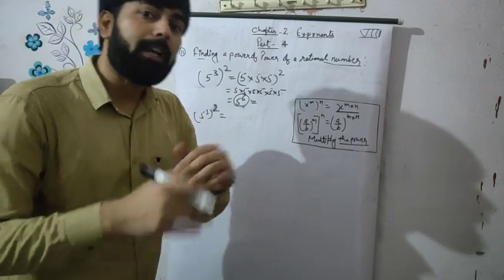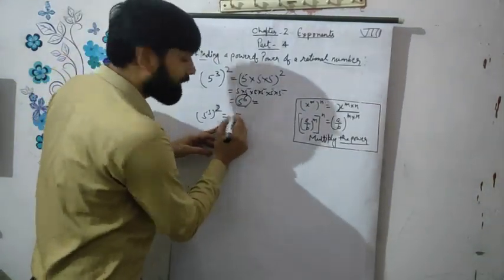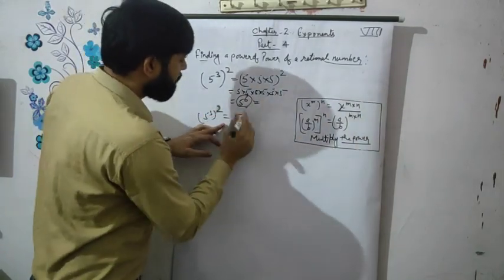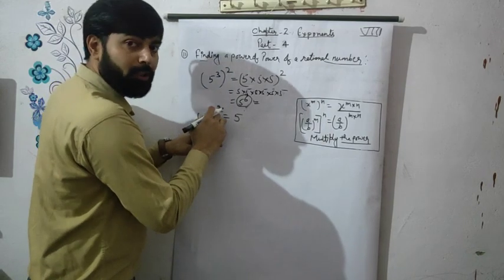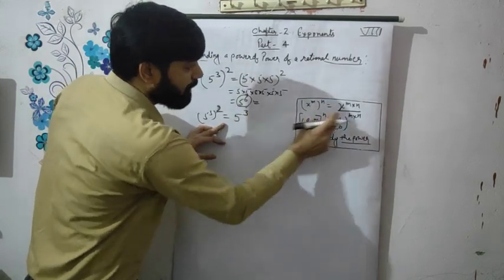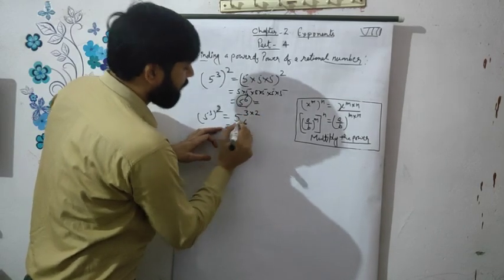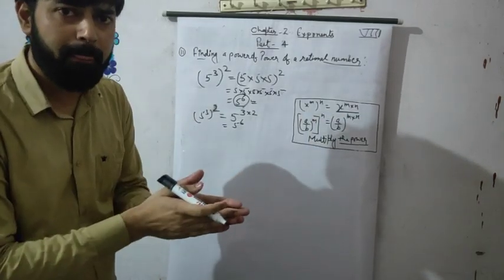Means you multiply the powers, but the base will be the same. The base is 5, the power is 3, and the power of that is 2. According to this rule, 3 multiplied by 2, and the answer will be 5 raised to the power 6. You can solve it easily by the law of exponent.